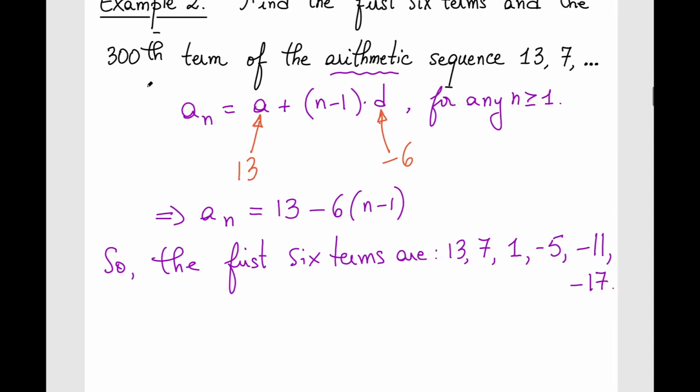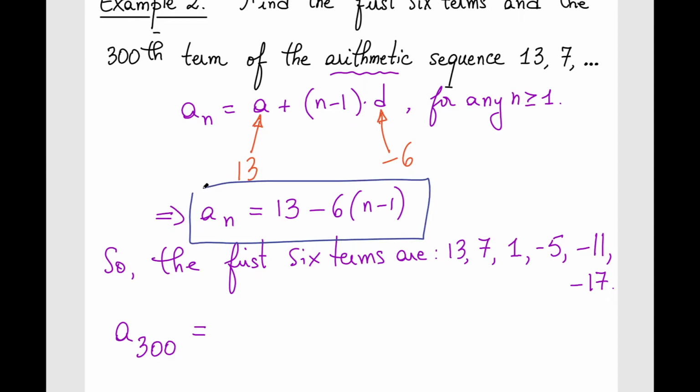Now they said, okay, I want to also find the 300th term, which is a_300. Obviously, I'm not going to just keep adding or subtracting 6 over and over to get to the 300th term. What I'm going to do is just use this formula over here, right? So let me box it. I'm going to use this to find the nth term, because this formula holds for all n. This is the general recipe of the nth term of the sequence.